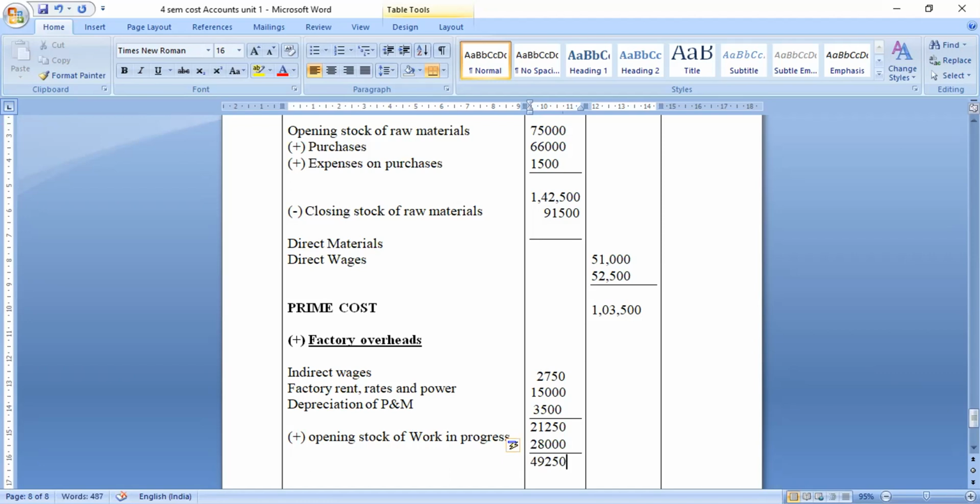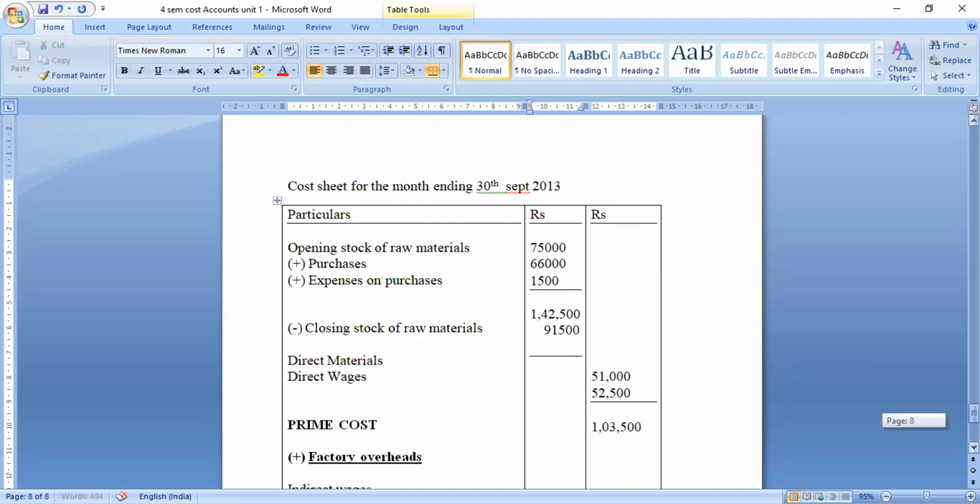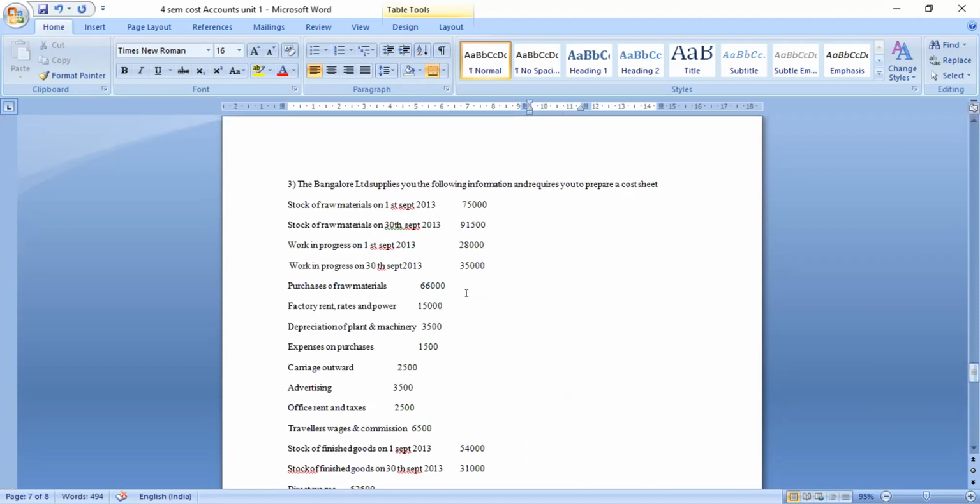49,250. Next, what to do? You will take minus closing stock of work in progress. Closing stock of work in progress. Okay, see how much the closing stock is in the problem. So it is clear. Closing stock of work in progress is 35,000.